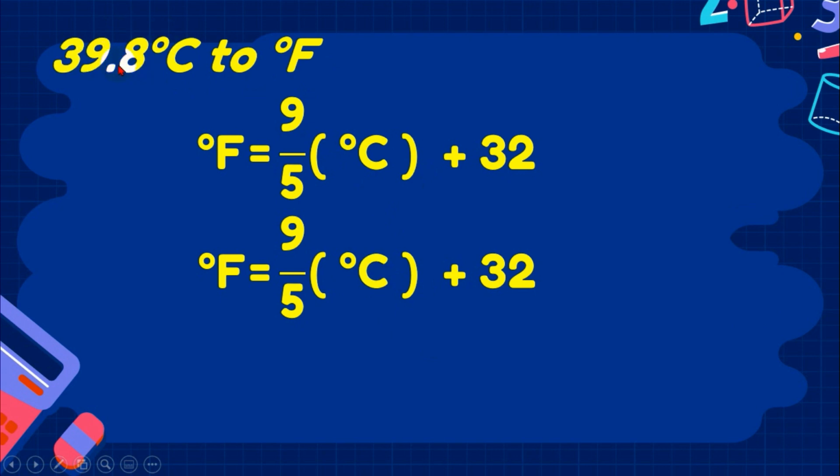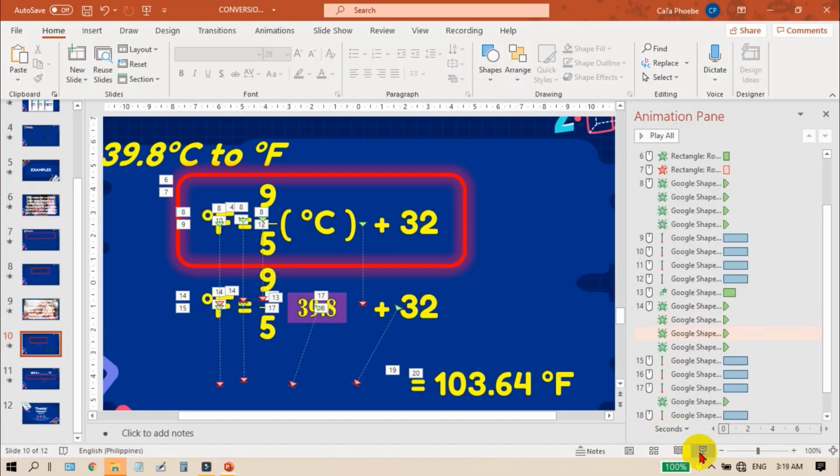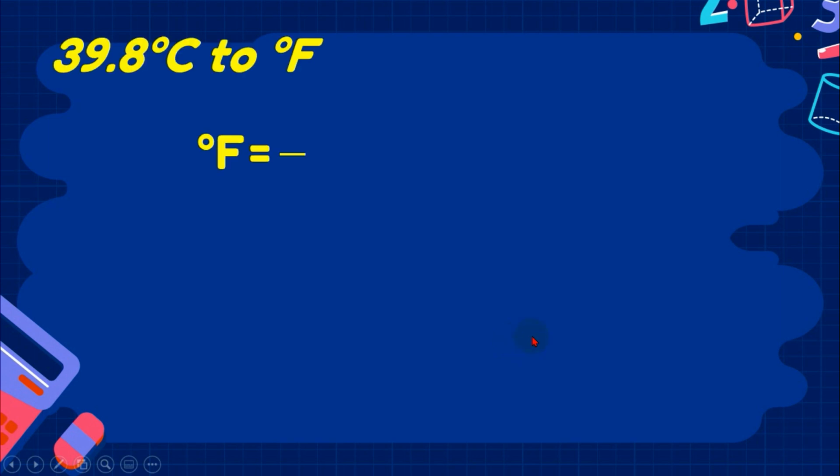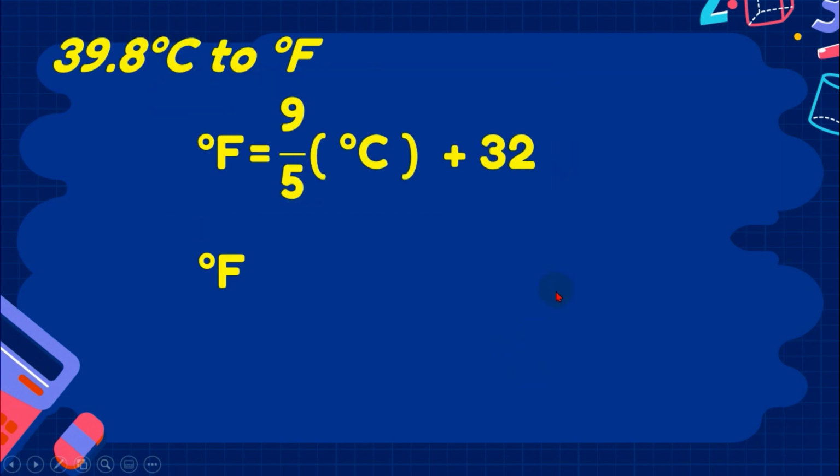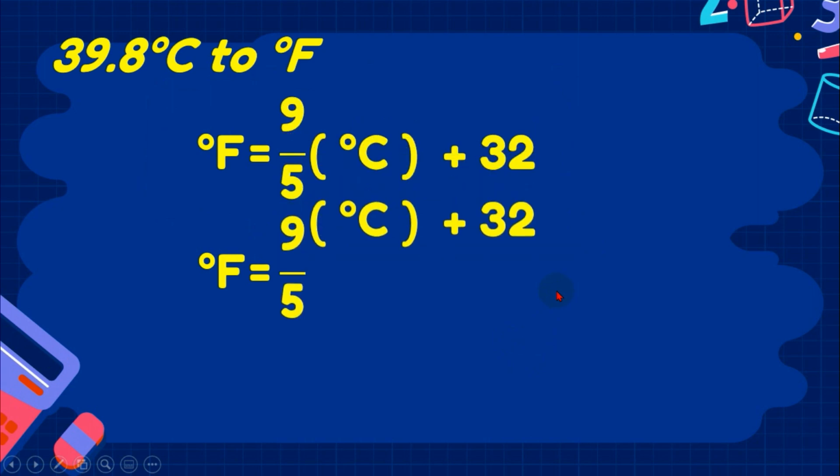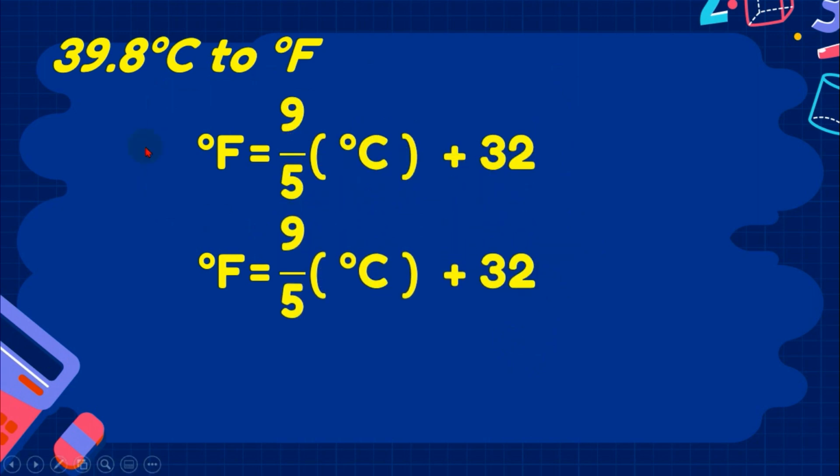So, yung given natin na 39.8, ipalit lang natin siya dito. Okay, so kung ano yung given na measure ng temperature, which is 39.8 degrees Celsius, ipalit lang natin siya dito, or substitute.